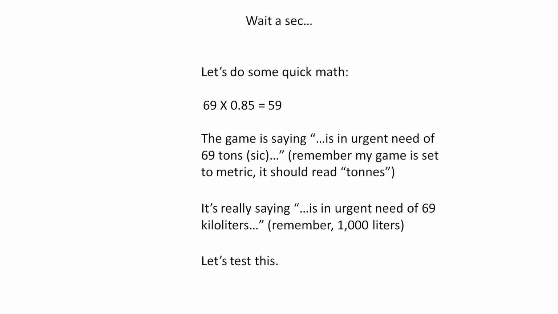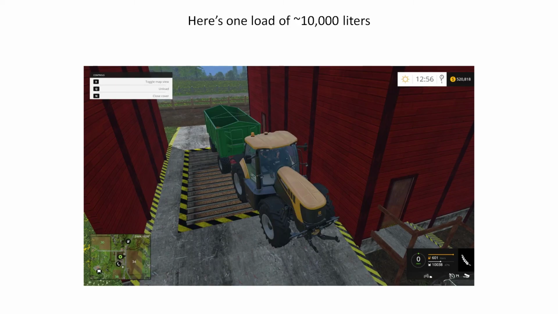Let's do some testing. So if we are right, we should only need 10,000 more liters. We can see in the bottom corner here, 10,000 liters of wheat plus a bit extra to finish the mission. This should be enough if we're correct. So let's find out what happens.